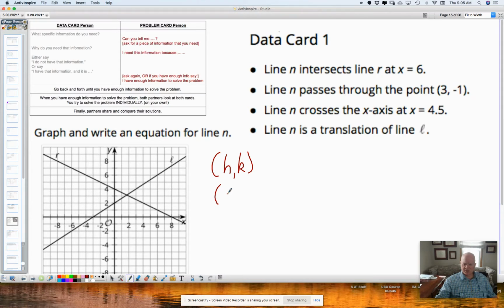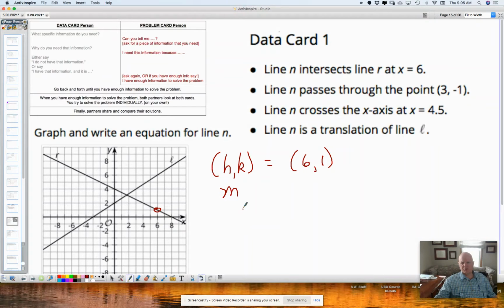If it doesn't intersect, then maybe I need to know the slope of this. Oh, well, let's see. Line L intersects R at 6, where x is equal to 6. Okay, so that's a point on here. I've got the point (6, 1).